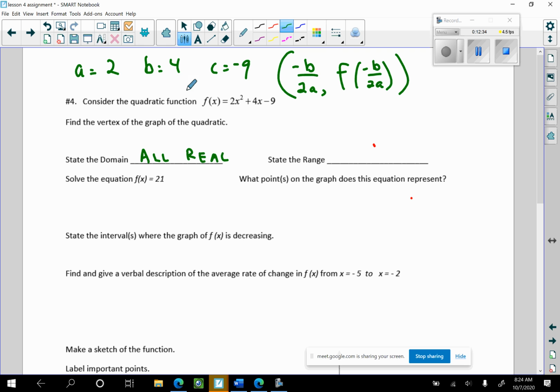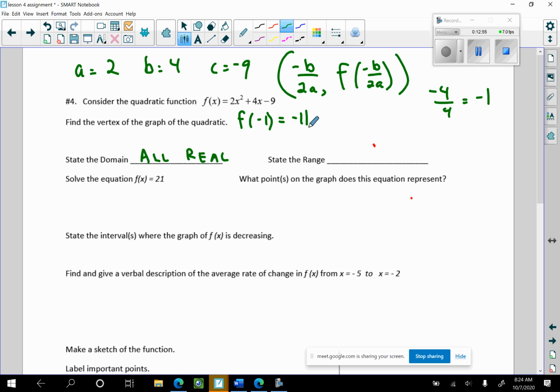Negative b is negative 4. Negative 4 over 4 is negative 1. f of negative 1 looks like it's going to be negative 11.